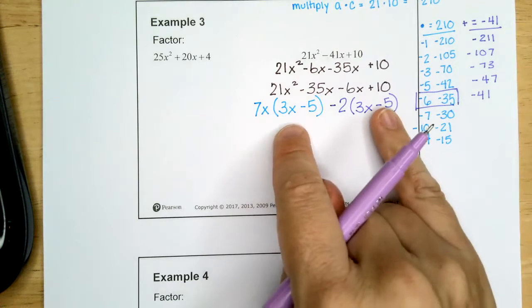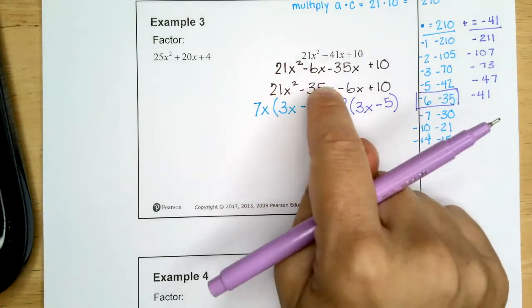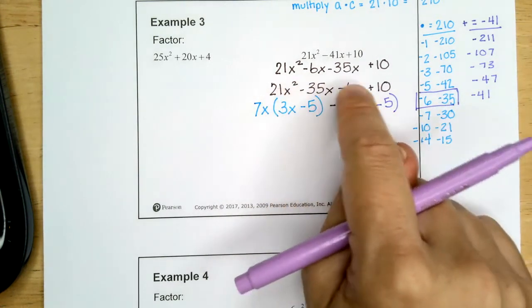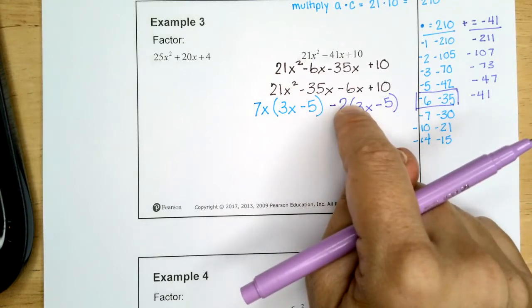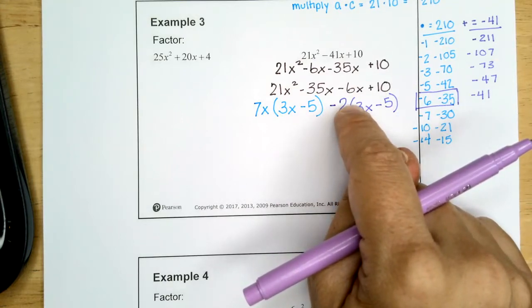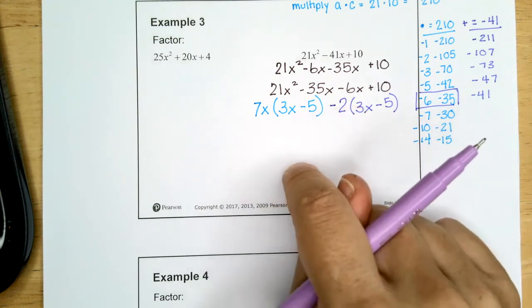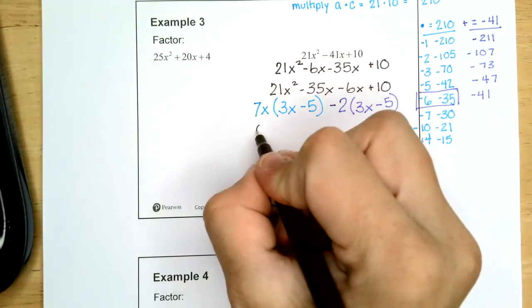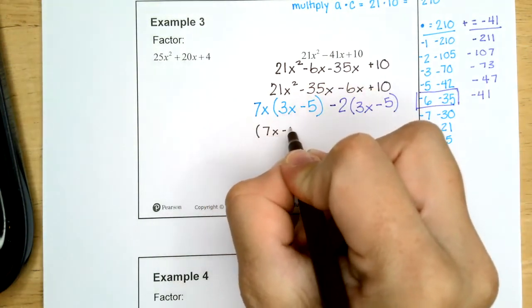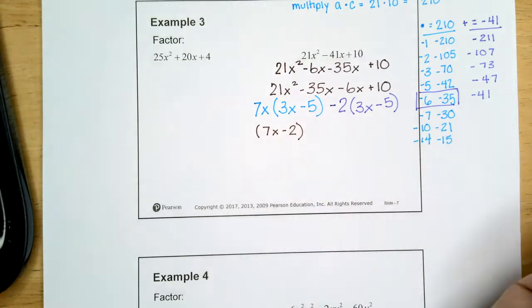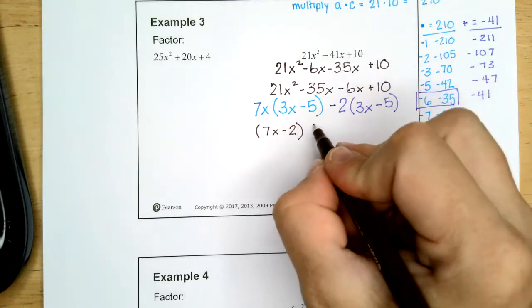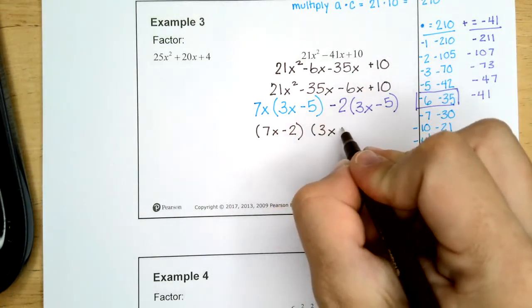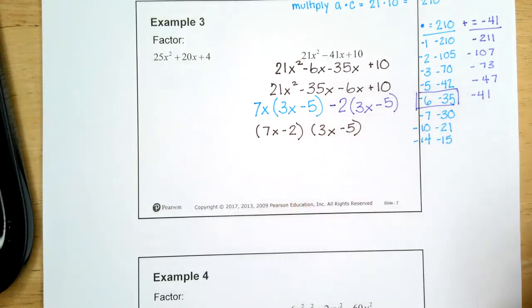Because I chose these, I got the same terms in parentheses. So now I'm going to combine the 7x and the -2, and I'm going to multiply that by the 3x minus 5.